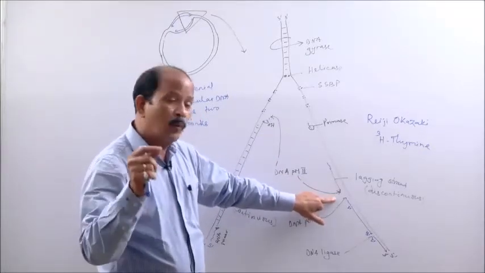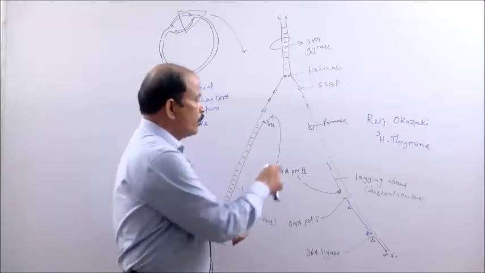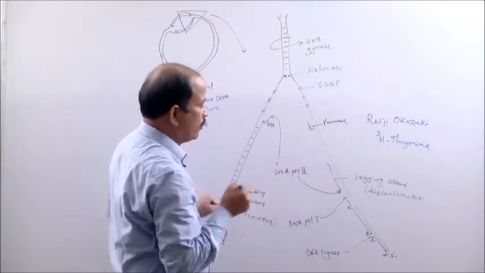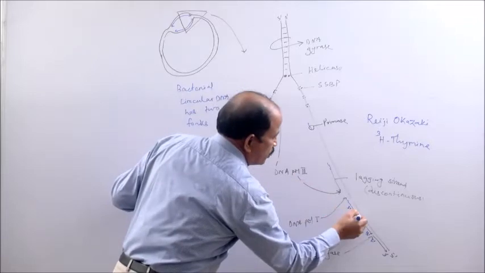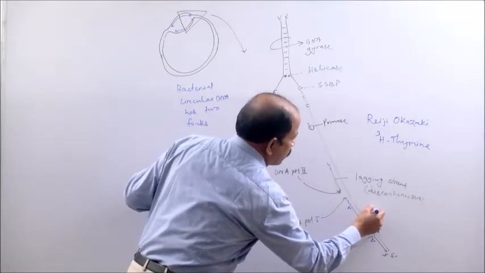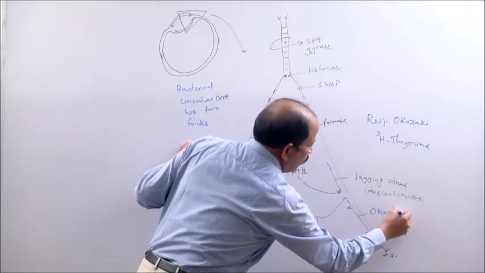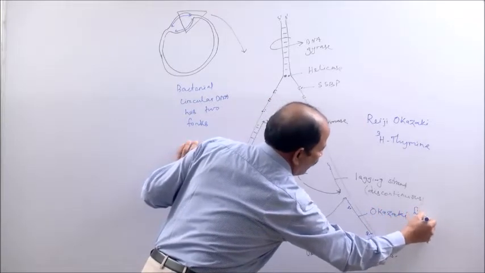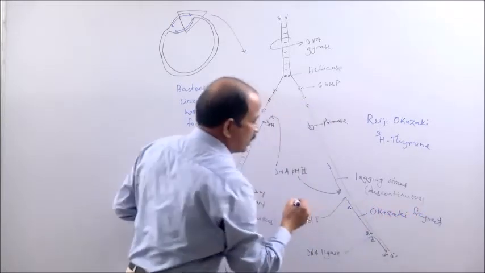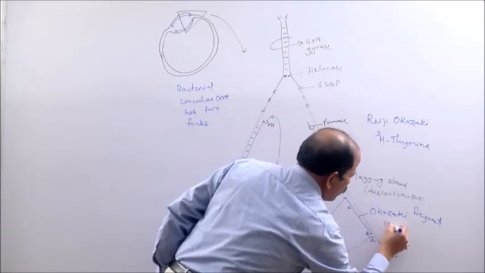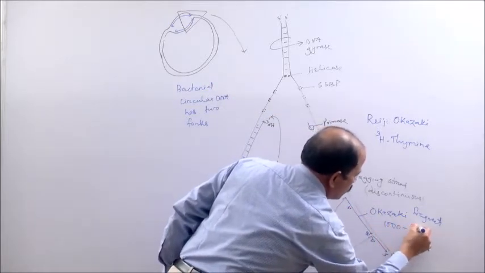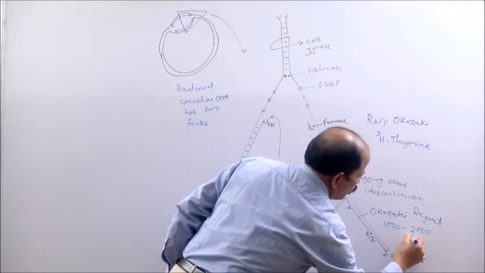Now in the discontinuously synthesized strand, each segment is called an Okazaki fragment. Several Okazaki fragments, each around 1000 to 2000 nucleotides long.